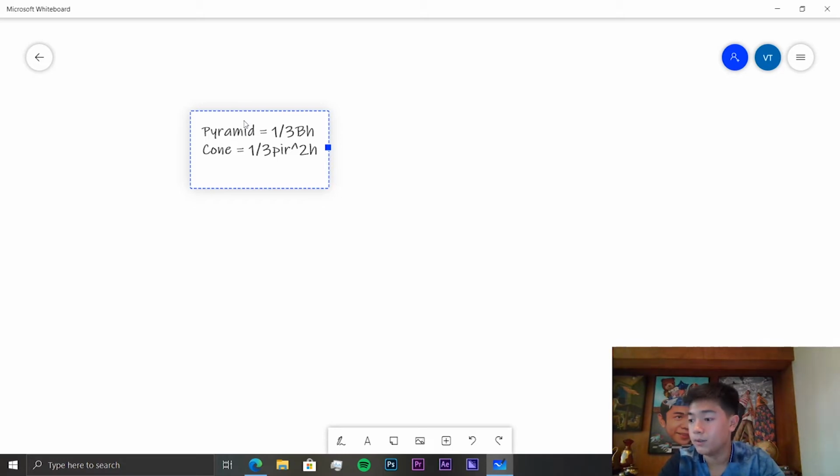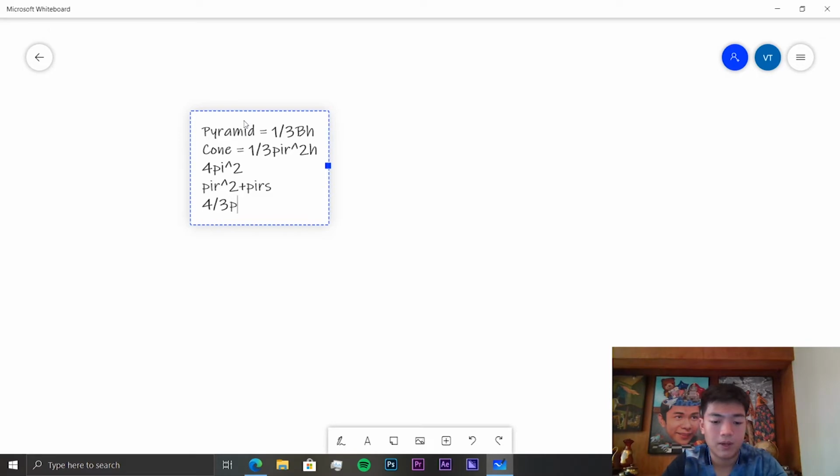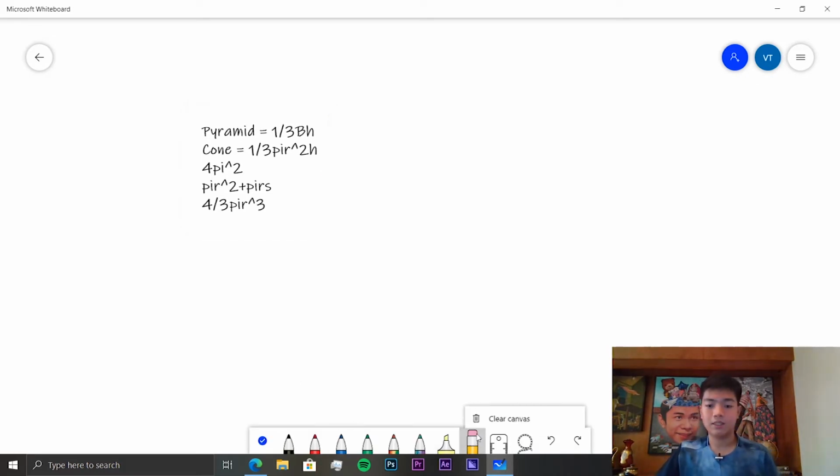The surface area of a sphere is 4 pi r squared. The surface area of a cone is pi r squared plus pi r s. And the volume of a sphere is 4/3 pi r cubed. You just need to know those simple things, and that's enough for us to jump into some questions. So let's go.